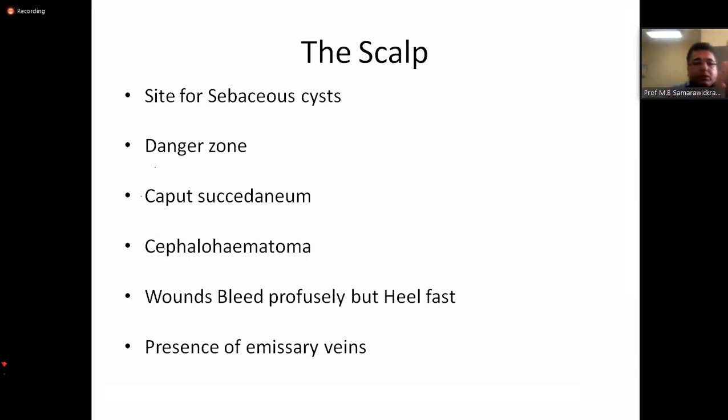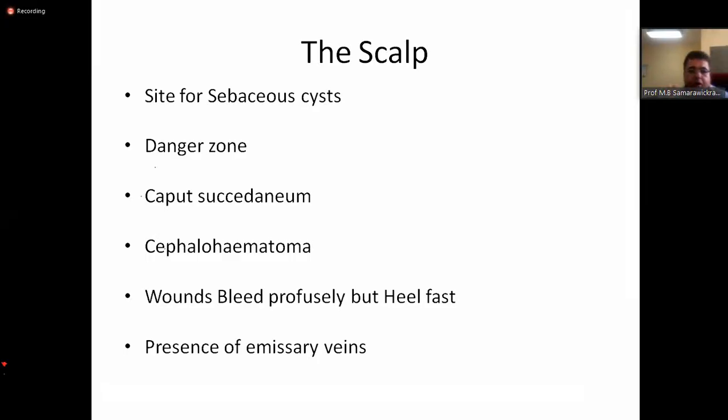Caput succedaneum is any fluid collection within this danger zone, because it then spreads all over the scalp. In contrast, cephalohematoma is a collection of blood or fluid deep to the periosteum. So that results in a collection limited to one bone. Right. That is called cephalohematoma.